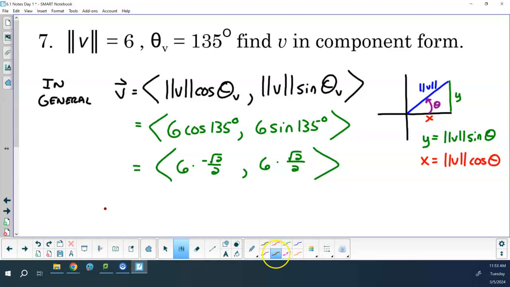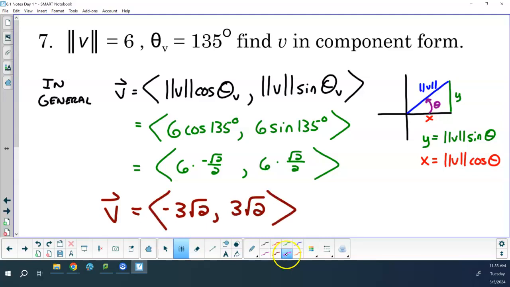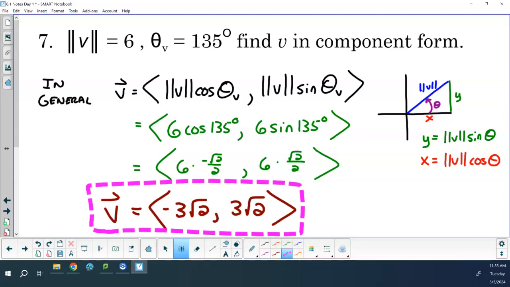So vector v here then would be negative 3 square roots of 2, comma, 3 square roots of 2. And because it's on the unit circle, we leave it in exact form.